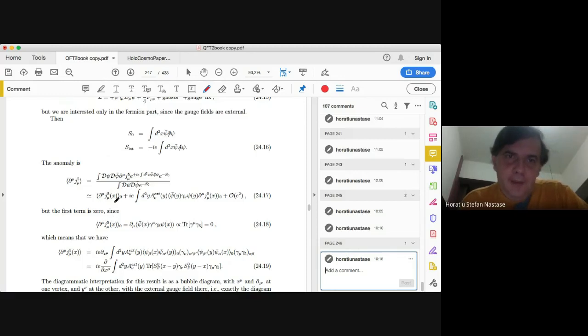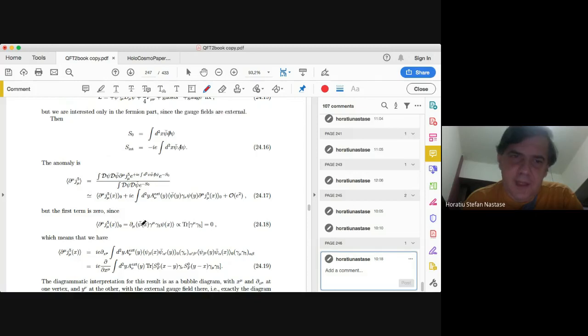Now the zeroth order part, the tree order part, is 0. The reason is because there's only one x here. So this would be ∂_μ of the current ψ̄(x) γ_μ γ^5 ψ(x).